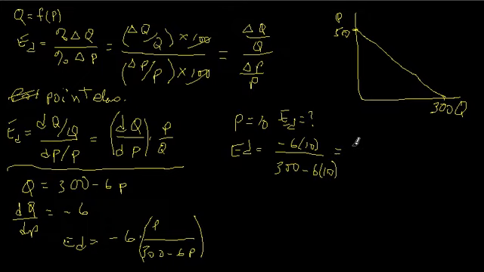And if you do some arithmetic on that, you'll see that the result is minus 0.25. And we remember first that it's minus because demand curves are negatively sloped, but the fact that it's a decimal less than 1 in absolute value means that this is what we would call inelastic demand.